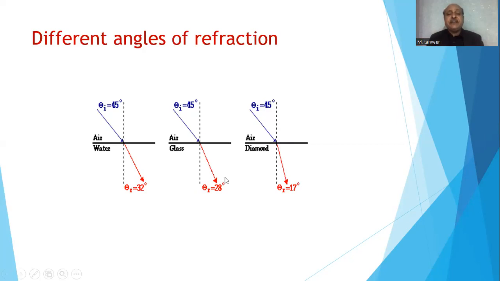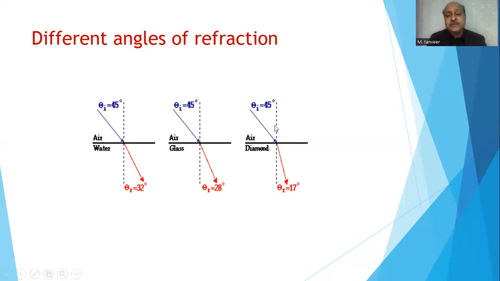When you take sine of angle of incidence, that means sine of 45, divided by sine of 32, your answer will be 1.33. For glass, sine 45 divided by sine 28, your answer will be 1.5.